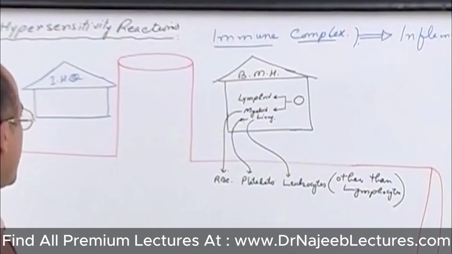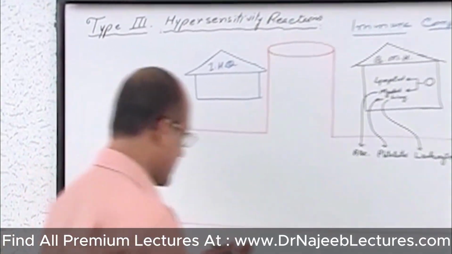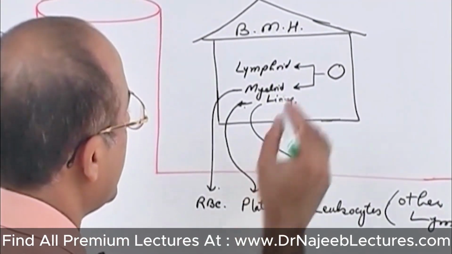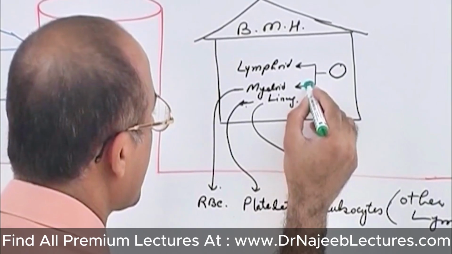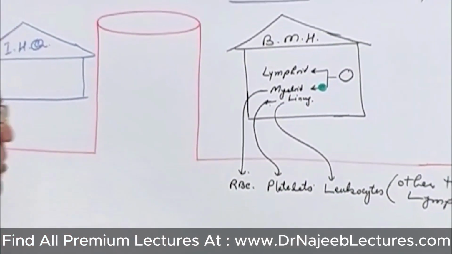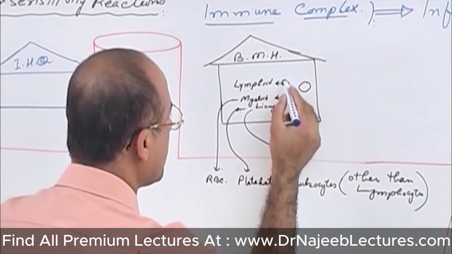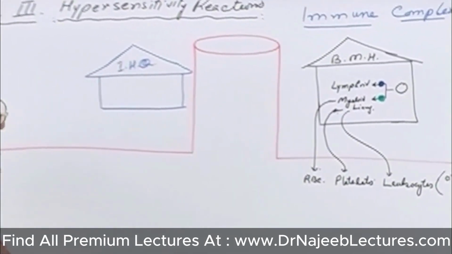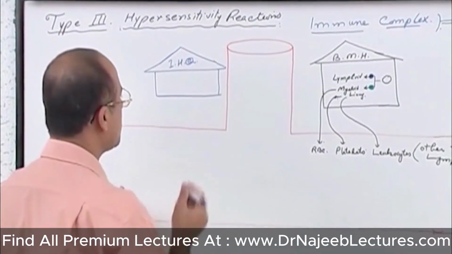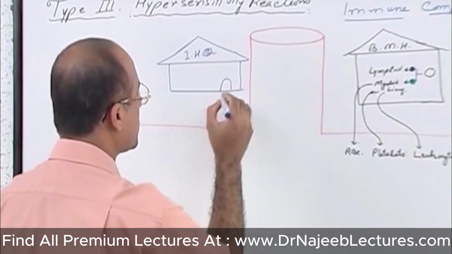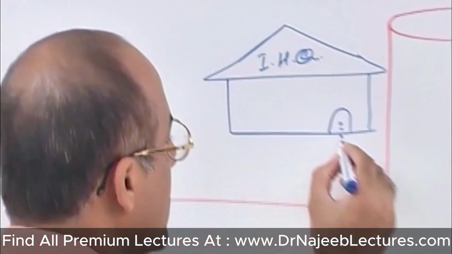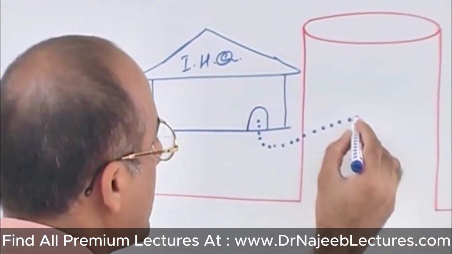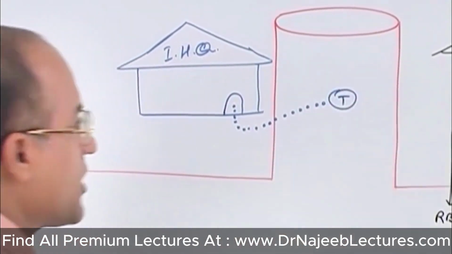Now, let's suppose that here is your stem cell of the myeloid lineage. And this was the stem cell of lymphoid lineage. Let's suppose this person unfortunately developed autoreactive T cells, lymphocytes.